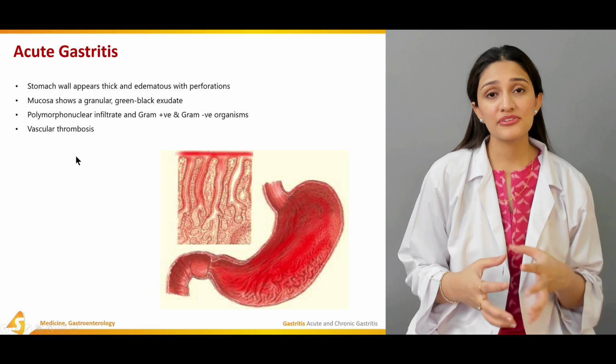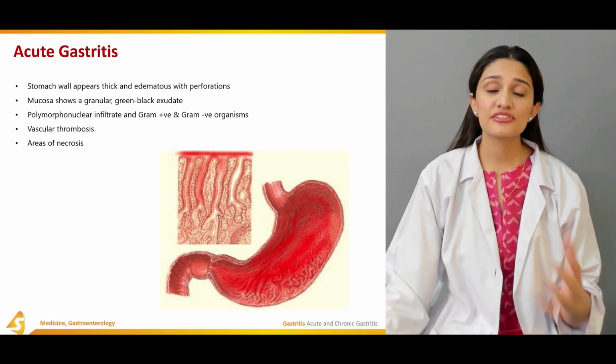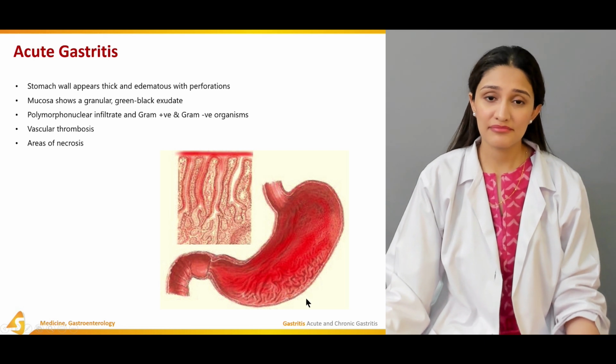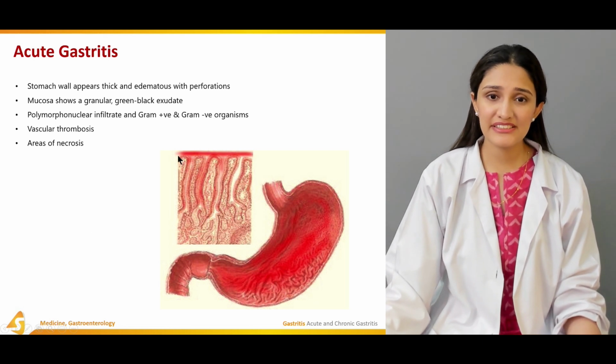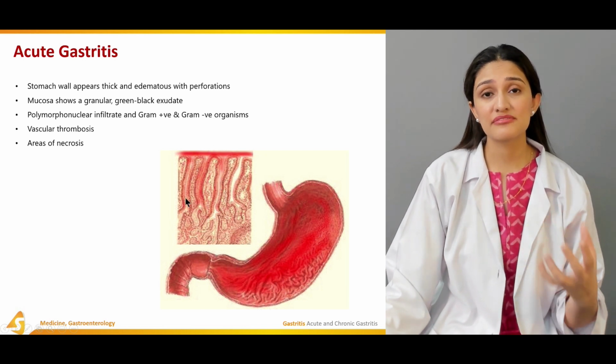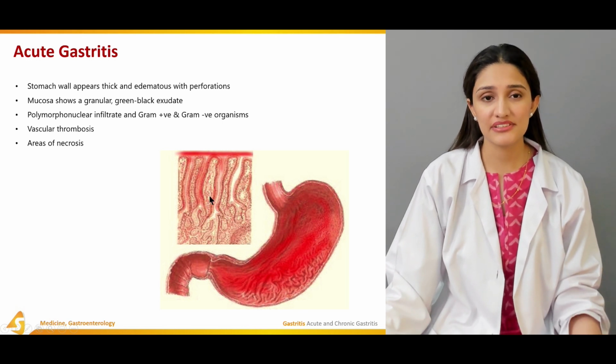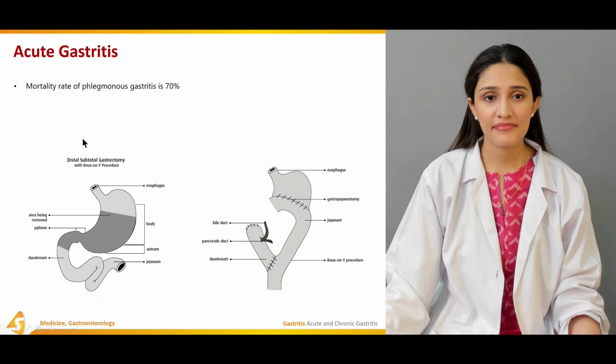They may also induce vascular thrombosis and areas of necrosis within the stomach. As you can see, these are the folds within the stomach, and the reddish part shows that it's a little more inflamed and edematous.